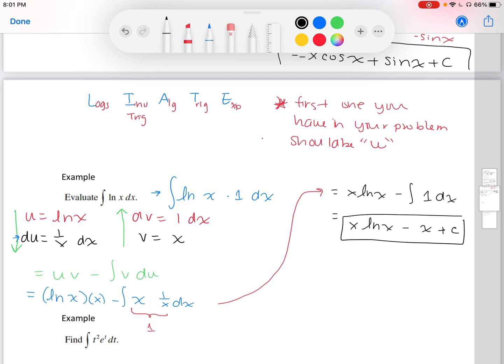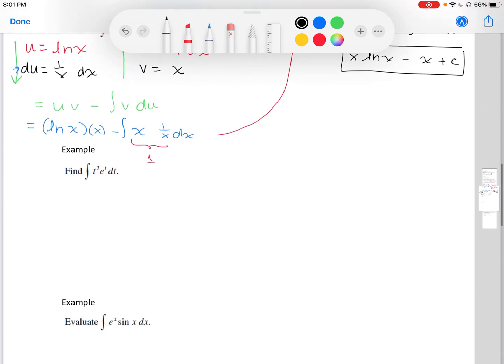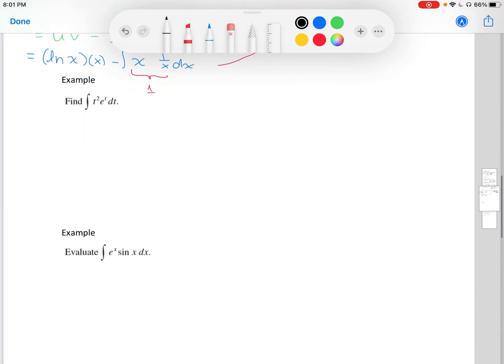Now, an alternative method you can try, though it doesn't work for all situations with integration by parts. In the next example, I'm going to show you what's called the tabular method. And this one's nice because it lets you do things a lot quicker.